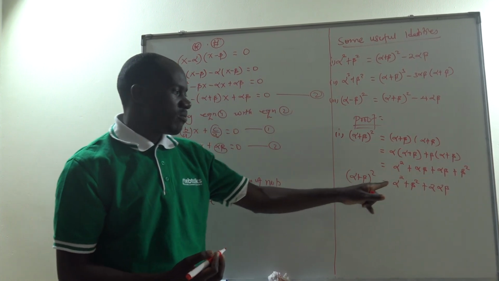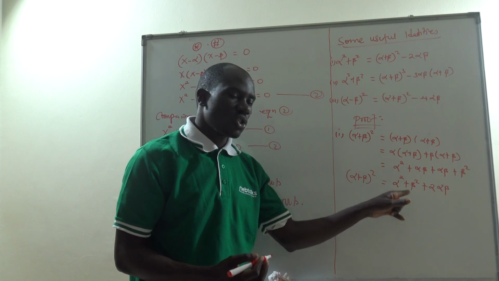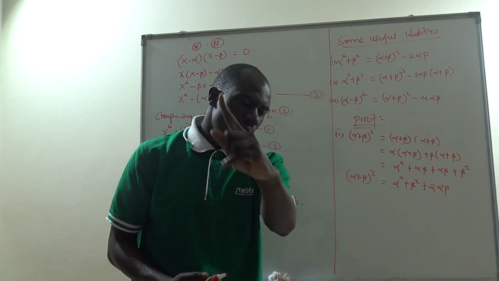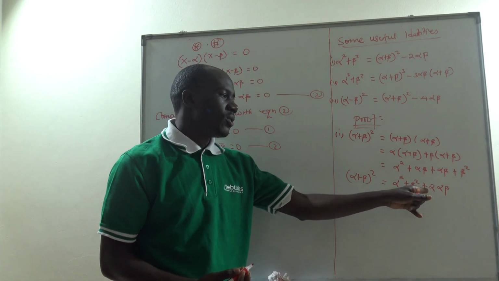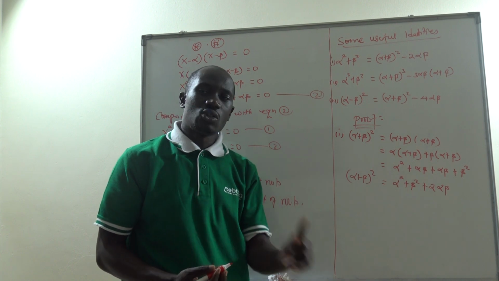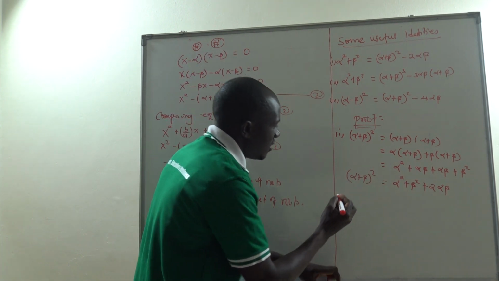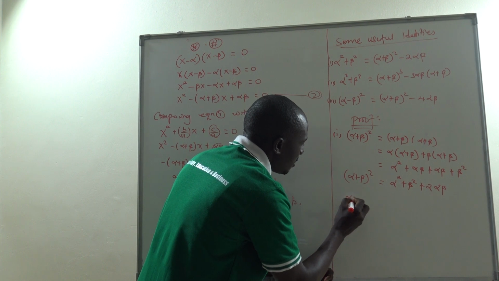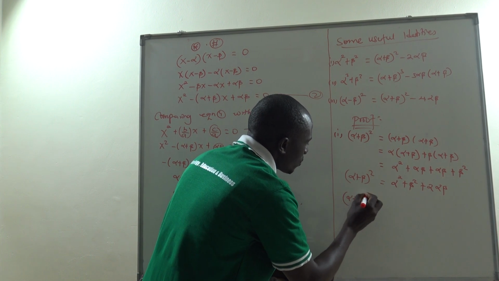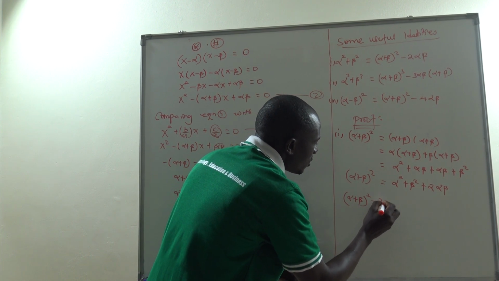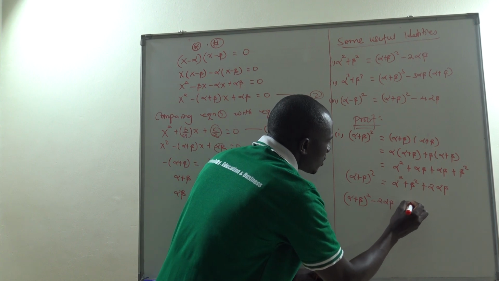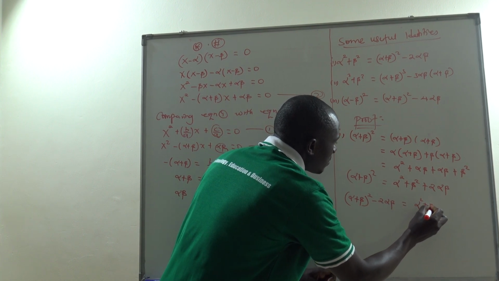So our mind is to make alpha squared plus beta squared the subject of the formula. Can you see here? This one is a positive. When it crosses an equal sign, automatically it becomes a negative. So we are going to have alpha plus beta squared minus 2 alpha beta, which is equal to alpha squared plus beta squared.